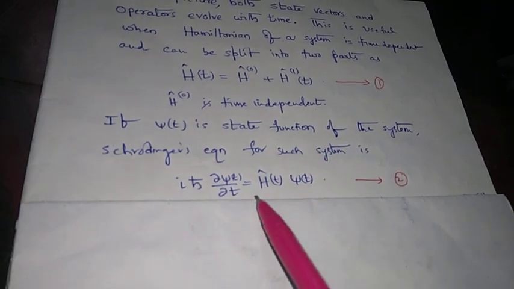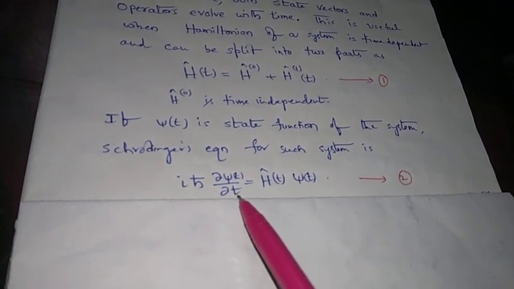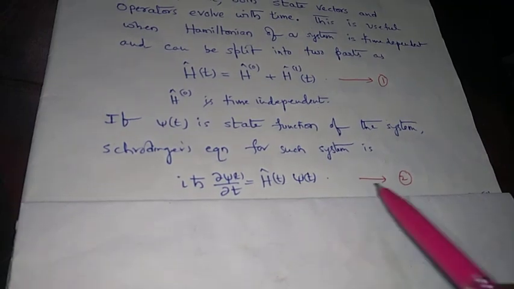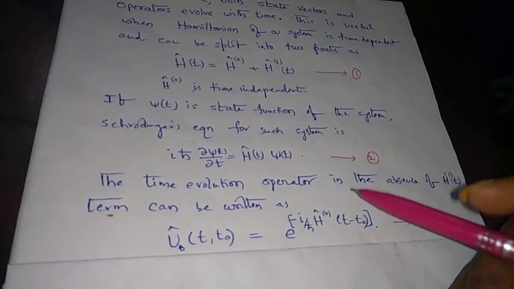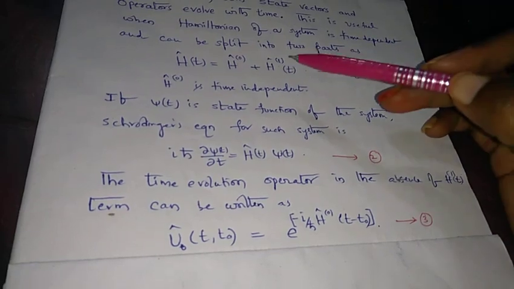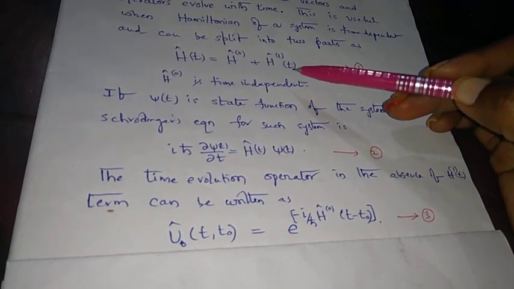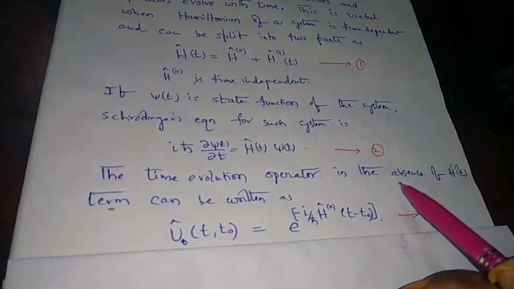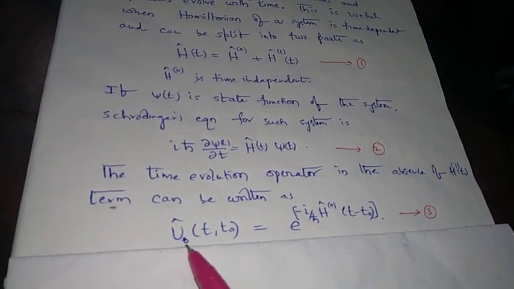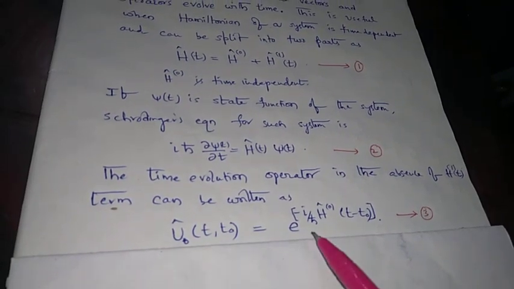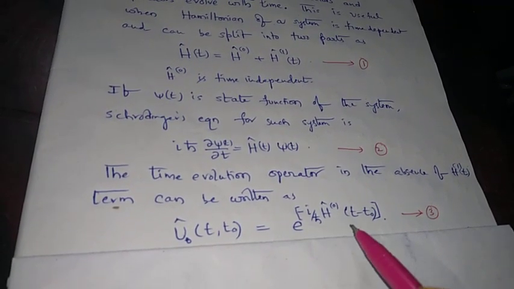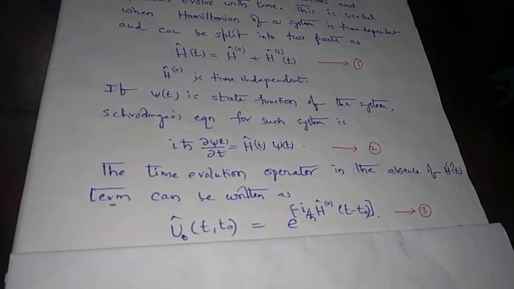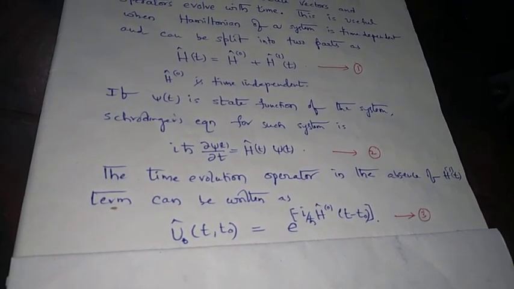If psi t is the state function or the wave function of such a system, then the Schrodinger equation for that can be written as equation number 2. For a system in the absence of H1 t, the time evolution operator can be written as U0 hat t is equal to this quantity, as we had in Schrodinger's picture, and we call this equation number 3.